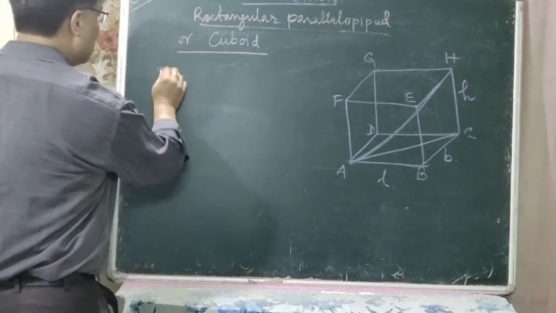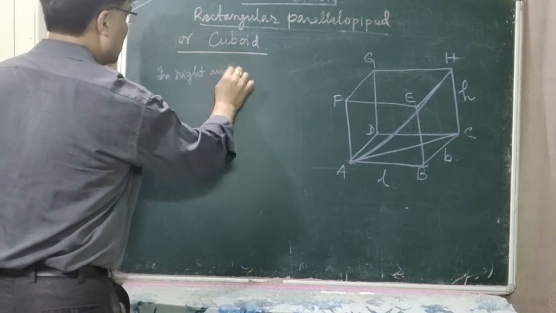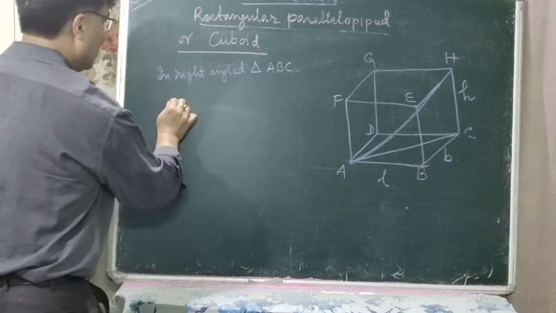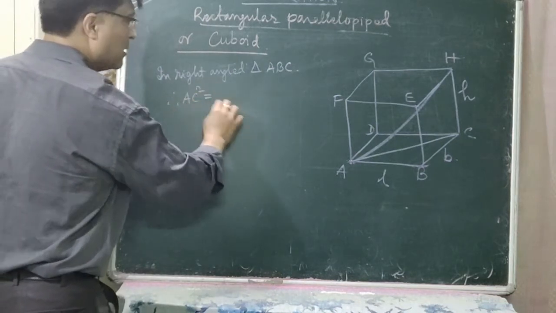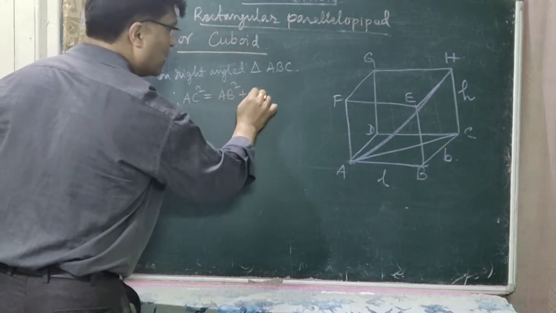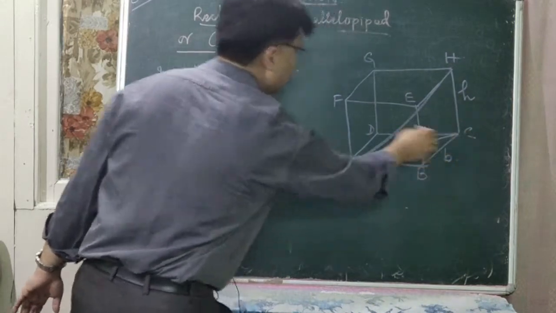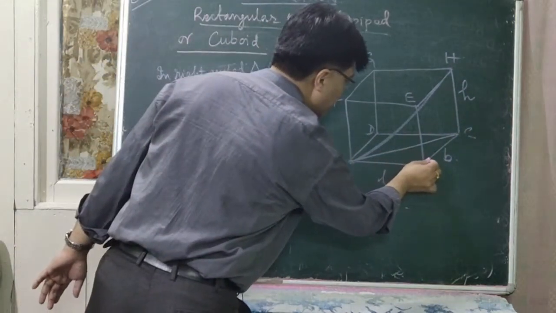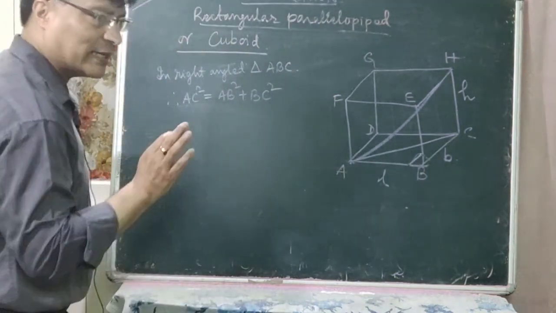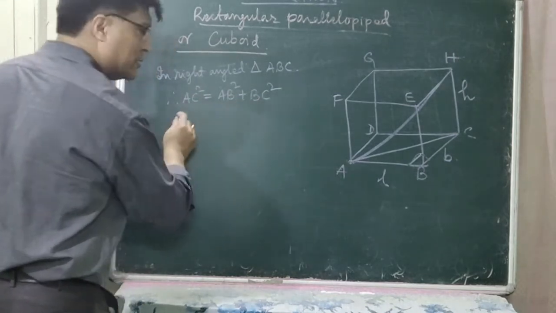So in right angled triangle ABC, here we have AC square is equal to AB square plus BC square, किनभने यो ABC एउटा राइट एंगल ट्रायंगल हो। एक्चुअली यो 90 डिग्री हुन्छ। Is that clear? सो पाइथागोरस थ्योरम इज यूज्ड हियर। AC square is equal to AB square plus BC square.